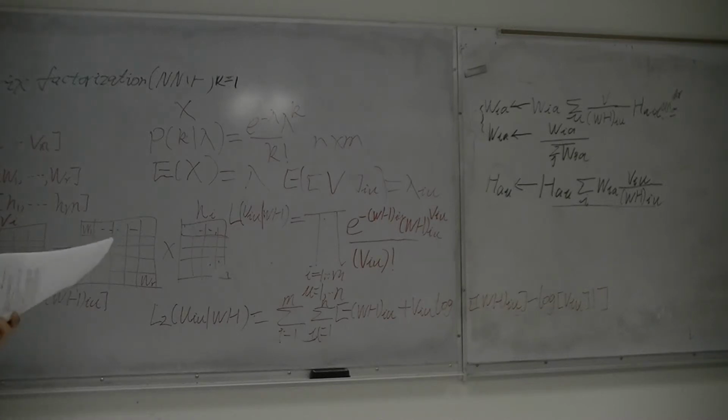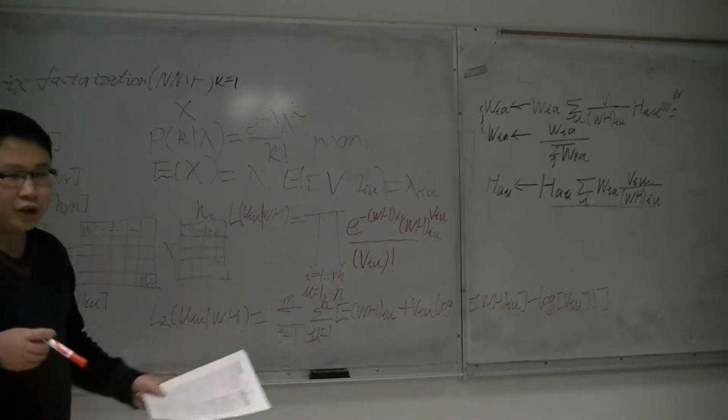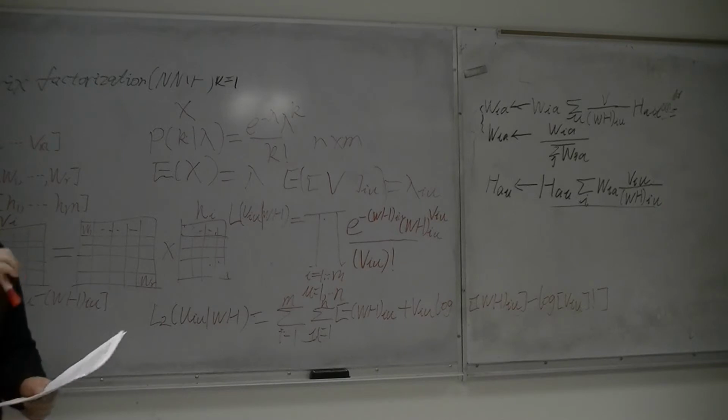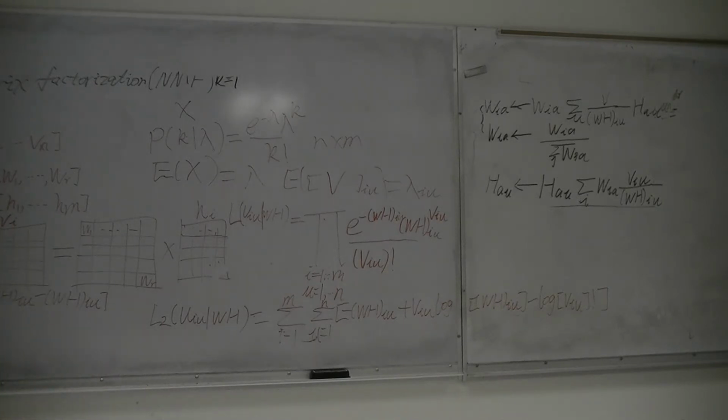What's the difference between WH and V? You said that V is equal to WH. Oh, with WH we want to get W and H, but V is the samples. We get samples, and the samples are V.